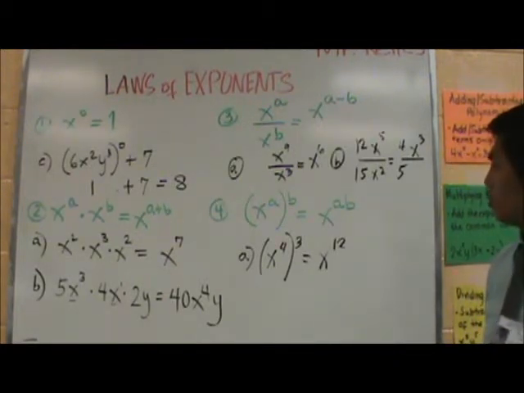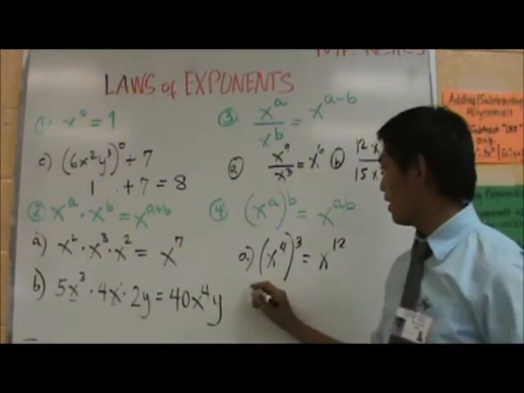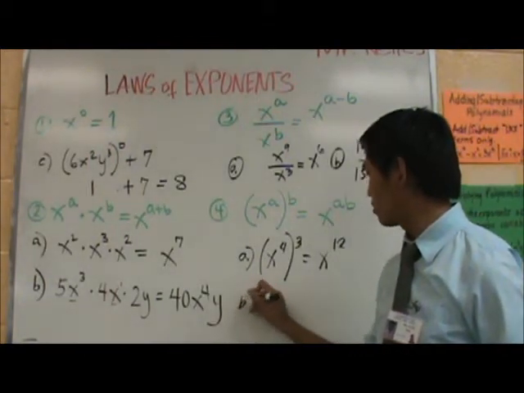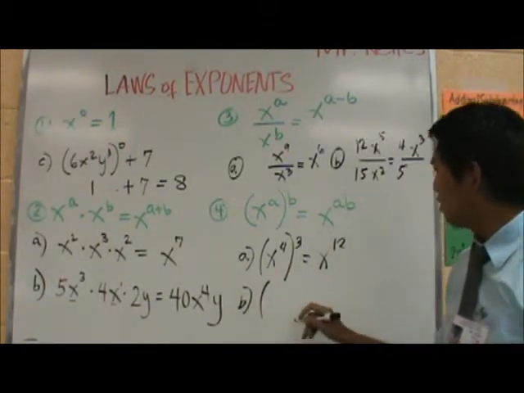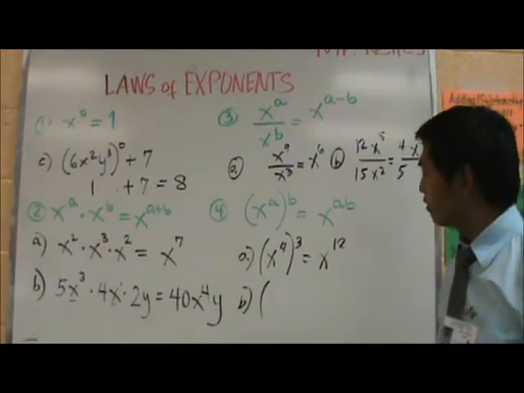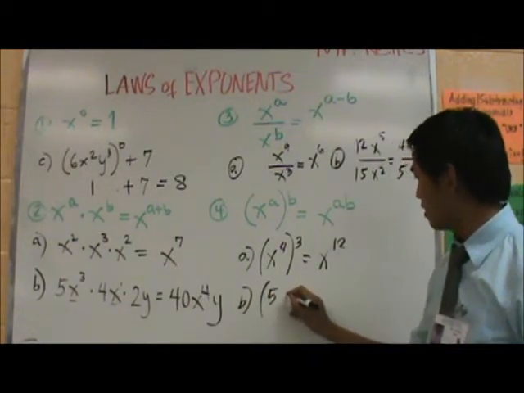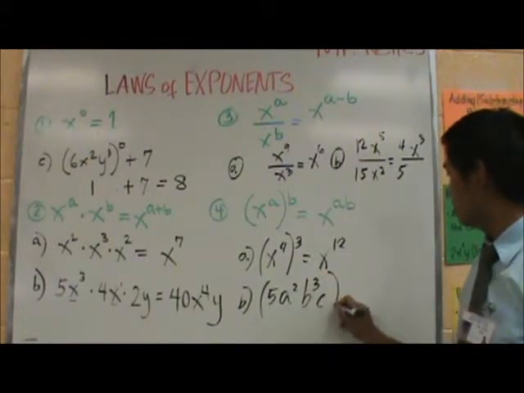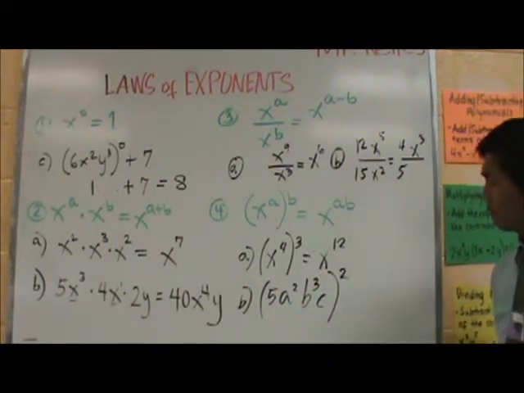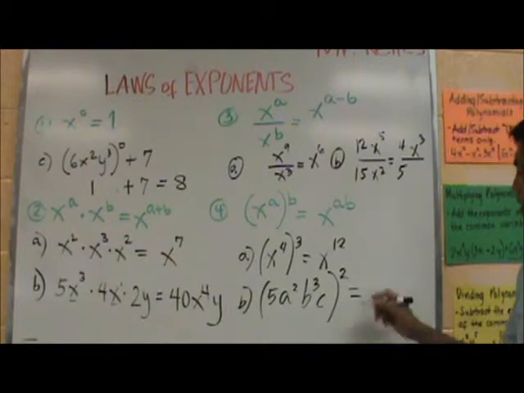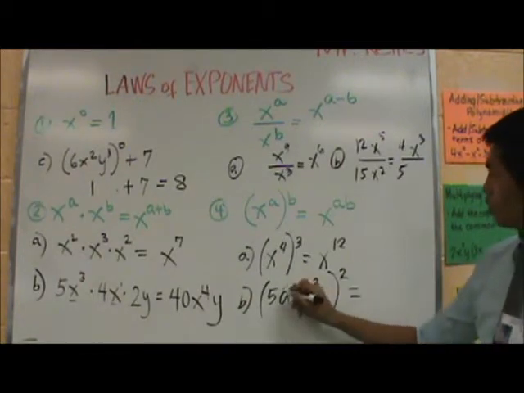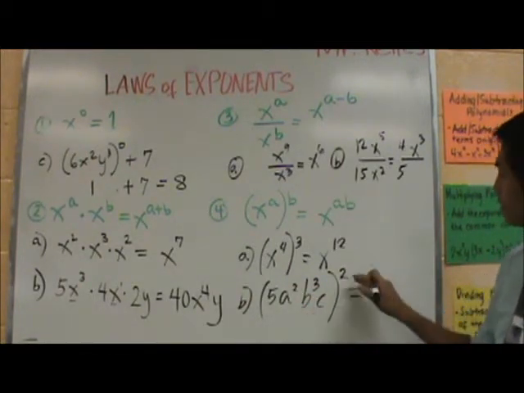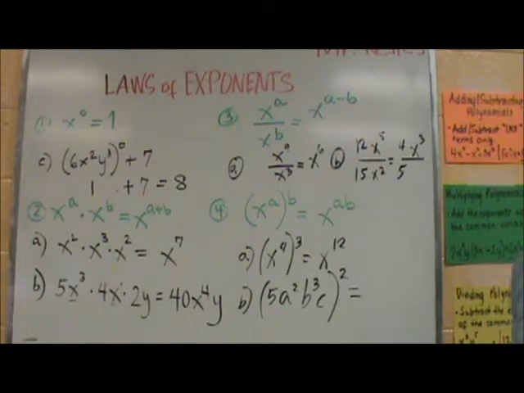Now, let's try B. How about if we have 5a squared, b to the 3rd, and then c to the 2nd power? To simplify this, we have to distribute the 2 to every variable and at the same time to the numerical coefficient.